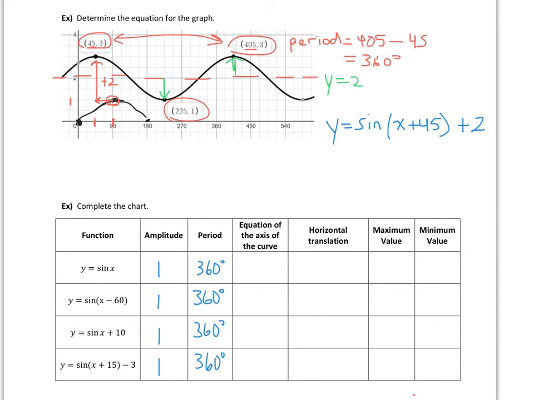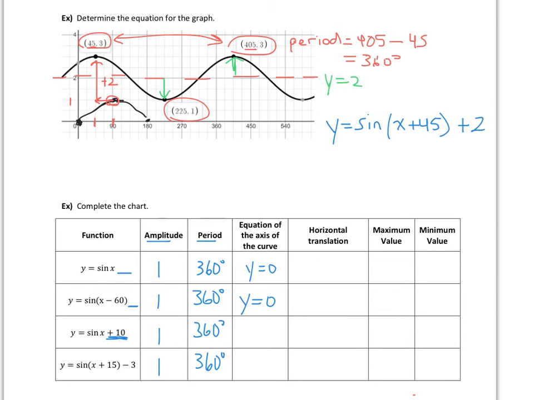So we haven't changed either of those key characteristics by moving it left or right or up or down. What did change possibly was the equation of the axis of the curve. Sine x just has y equals 0 as its axis of the curve. I'm not adding anything on top of my sine x outside of that bracket, so its axis of the curve is also y equals 0. There's no vertical translation on that one.